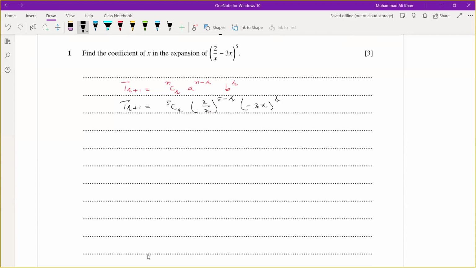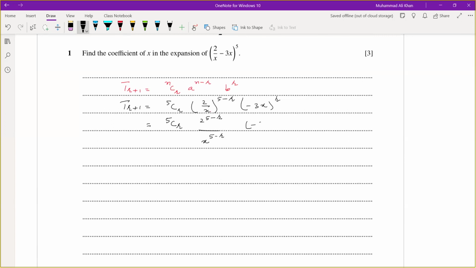Now, what we have to do in the next step, हमें तमाम R's को एक साथ करना है. So first, simplify the powers. 5Cr 2 power 5 minus r divided by x power 5 minus r.